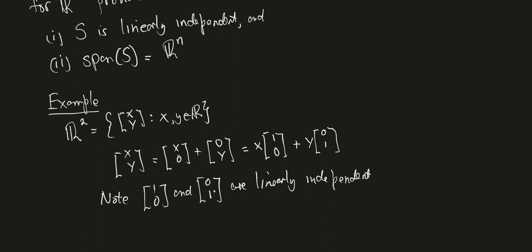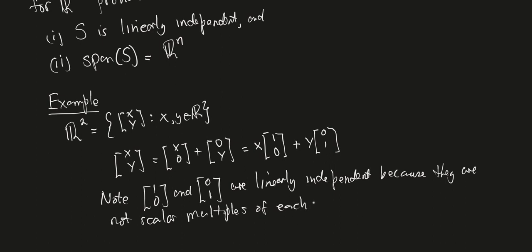The easy way to check when you have just two vectors is to realize that they are not scalar multiples of each other, right? So these two vectors are linearly independent because they are not scalar multiples of each other. So in other words, it means that they point in different directions.